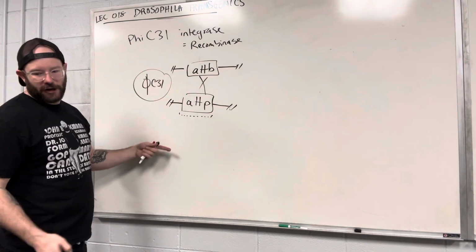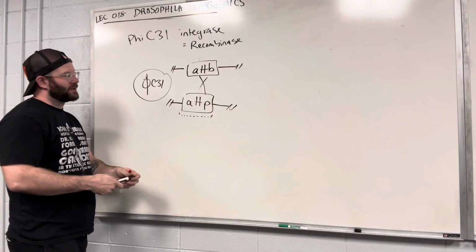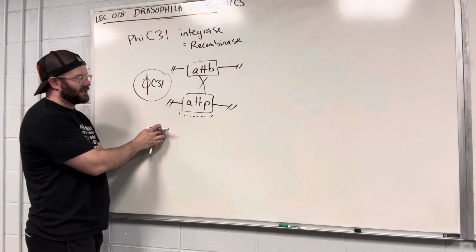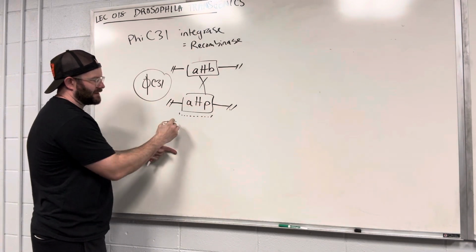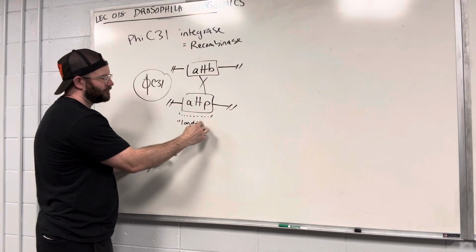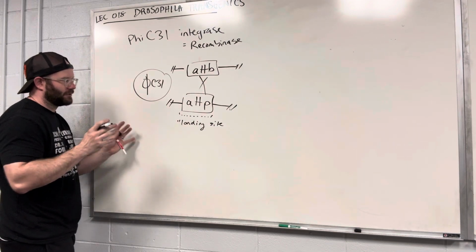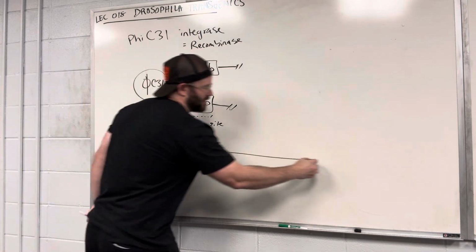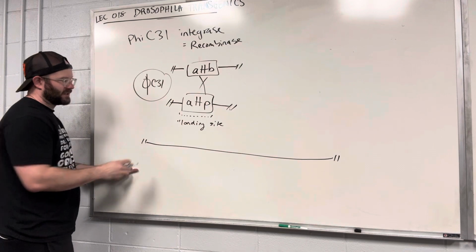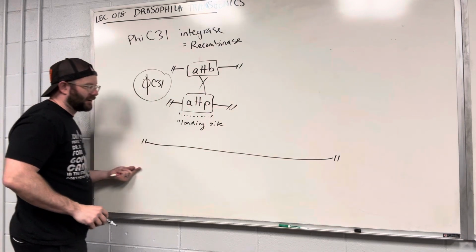So this is how we do Drosophila transgenesis nowadays. The reason it's site specific is because the recombination is happening at the attP. This is called the landing site. So the conundrum that researchers faced is, imagine this is one of the chromosomes of Drosophila.